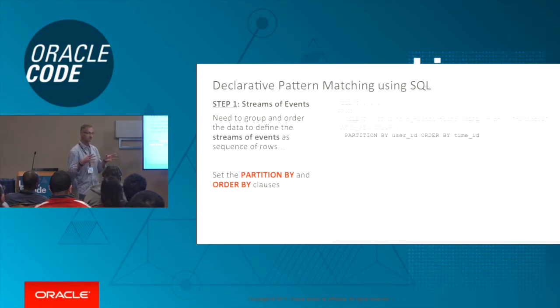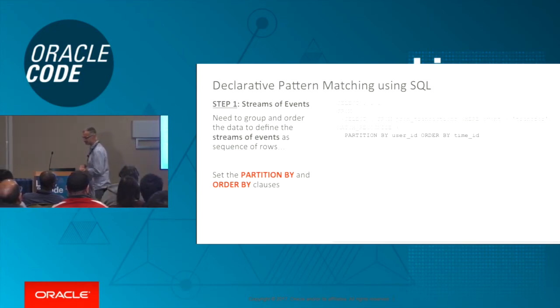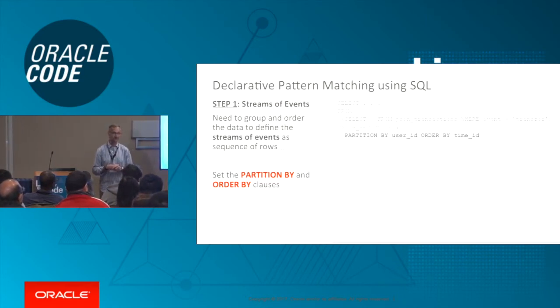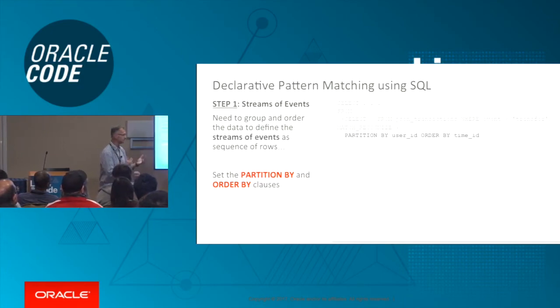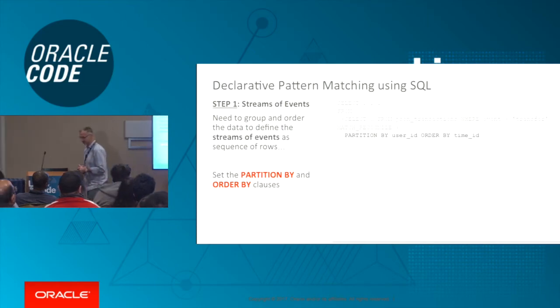And in that case, it's pretty simple. For everybody who has an account in this transactional log, I want to order all the transactions that have happened by time, which is expressed with the PARTITION BY user ID, ORDER BY time ID. And you see PARTITION BY is a clause that is in analytical SQL since version 8i in the analytical functions. So conceptually we try to reuse and adopt technologies that our users are already familiar with.